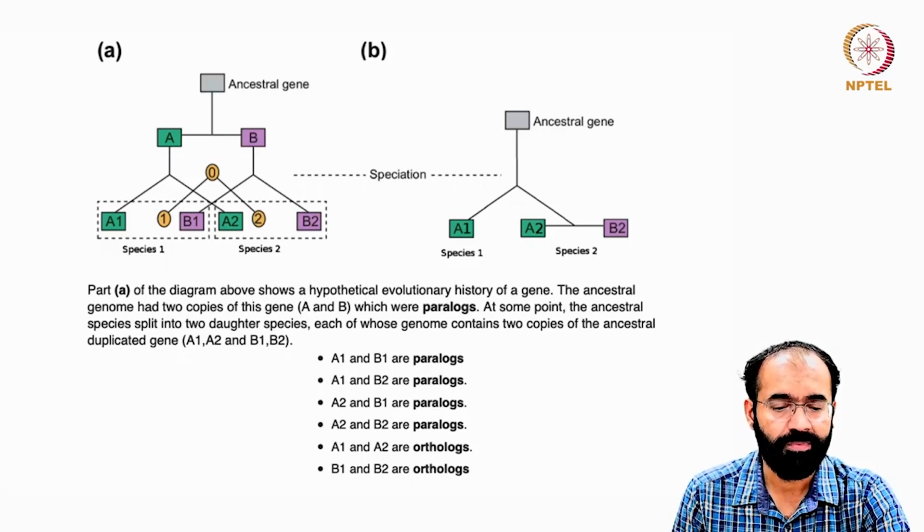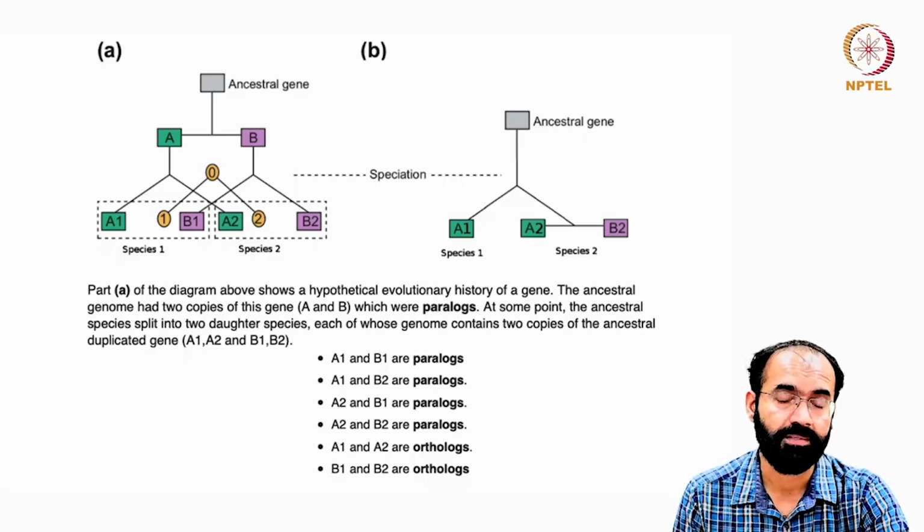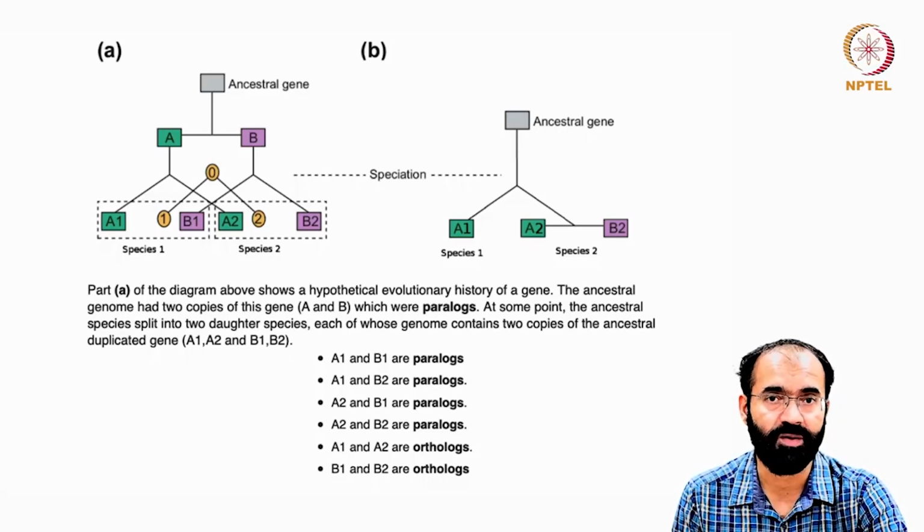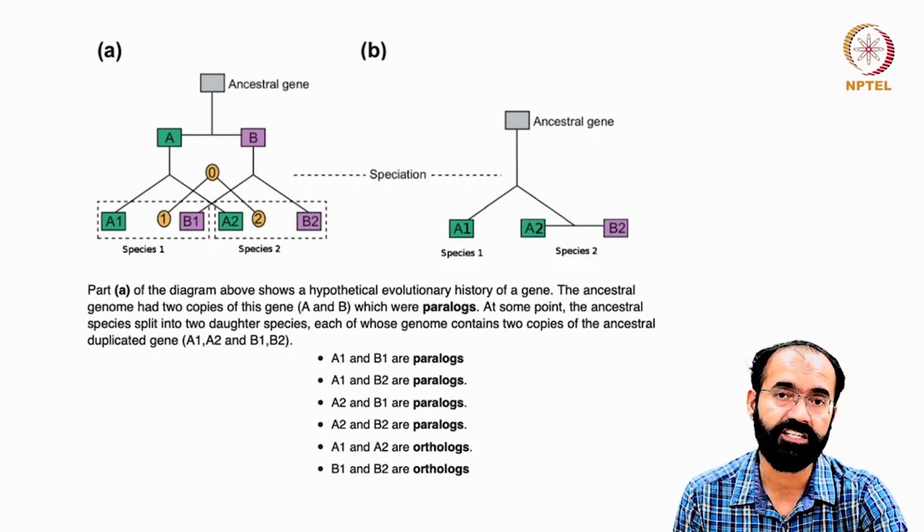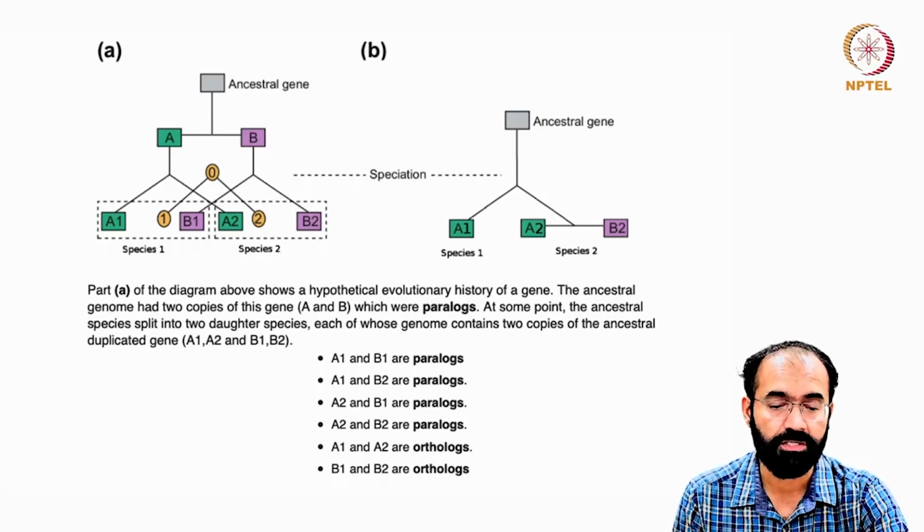Now what happened, A1 and B1 can be called paralogs. They did not originate from one gene, but from one great grandfather, not from the grandfather. And A1 and B2 also can be called paralogs. So A1 and B1 are paralogs, A1 and B2 are paralogs.